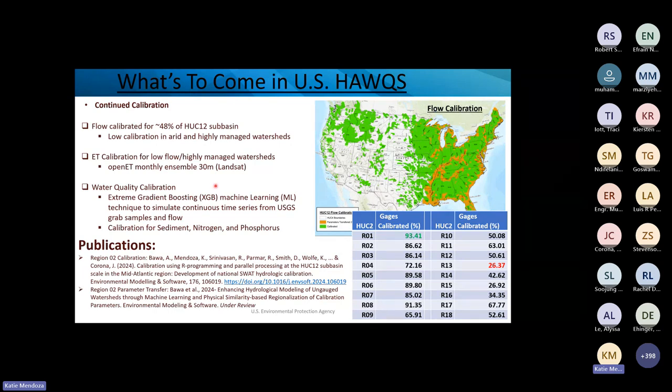Additionally, we are also doing a water quality calibration, and we're using the extreme gradient boosting machine learning technique to simulate continuous time series from the USGS grab samples and the flow so that we can more accurately calibrate water quality. And we're going to be calibrating for sediment, nitrogen, and phosphorus. This work has begun and it continues along the east coast of the US. I just wanted to share some publications that have come out of this work. This is all peer-reviewed and readily available within the HAWQS platform.